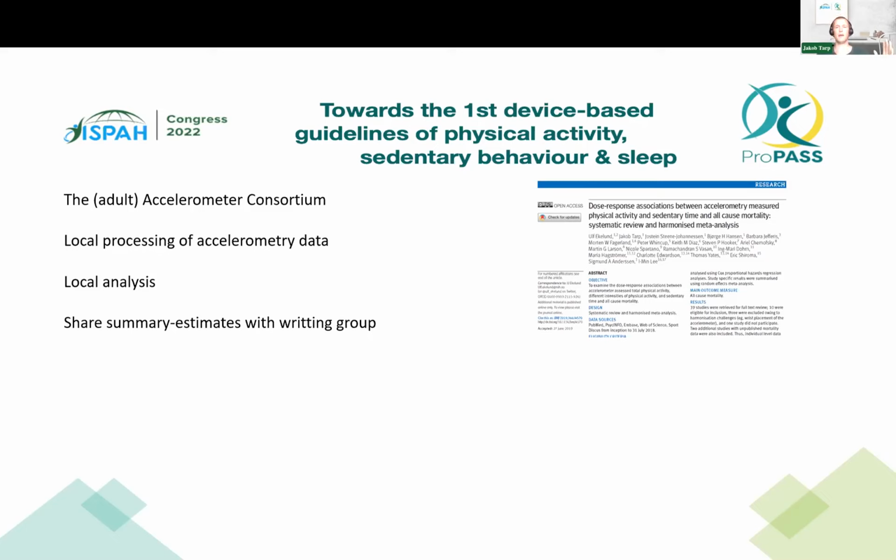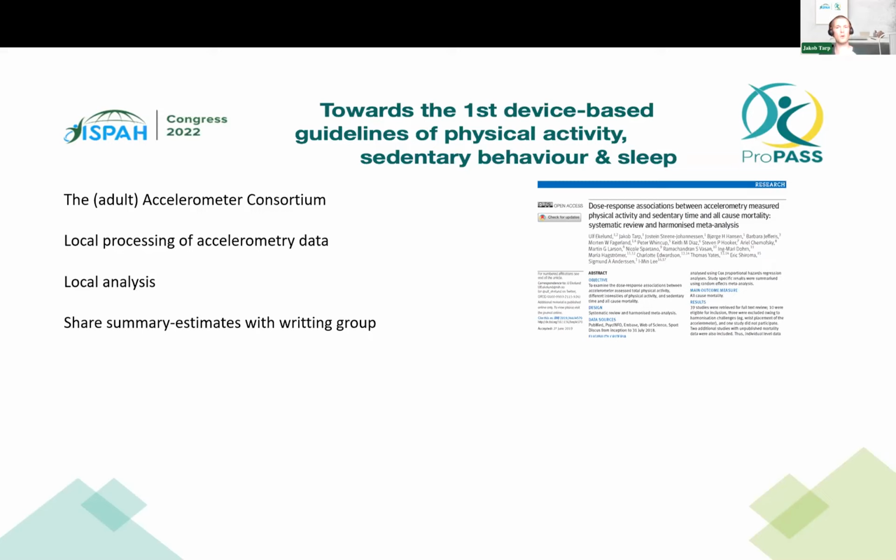And in contrast to ICAD, which was based on collecting all the data in one computer, the Accelerometer Consortium took a more feasible, pragmatic approach, where harmonization was done at the local level. So all the participating cohorts reprocessed their accelerometry data according to a standard protocol with common decisions on cut points, epochs, non-wear, valid day criteria to rule out any heterogeneity due to these different decisions.